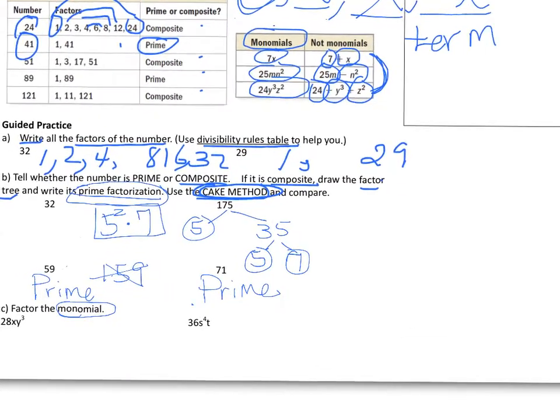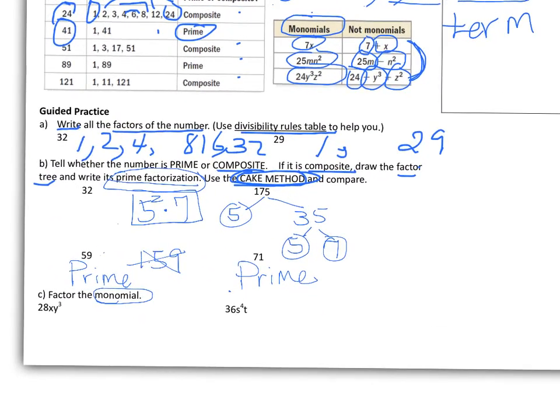How do we factor the monomial? We simply first factor the coefficient. Okay, here I will use the cake method because it's faster. So 2 times 2 times 7 times x times y times y times y.